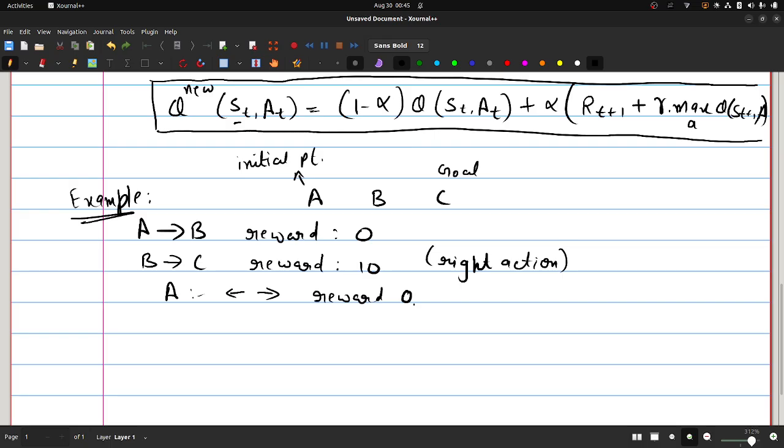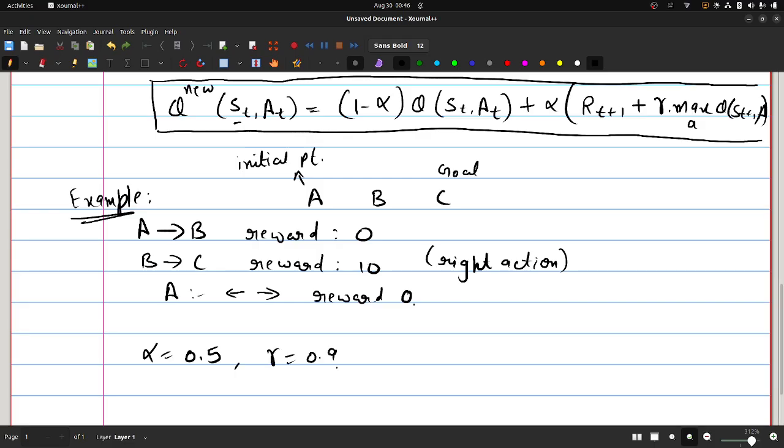Now we have to see how we can use this update rule in this use case. But we also need to define some parameters like the learning rate. Let us say the learning rate is 0.5, and let us say that our gamma is 0.9.